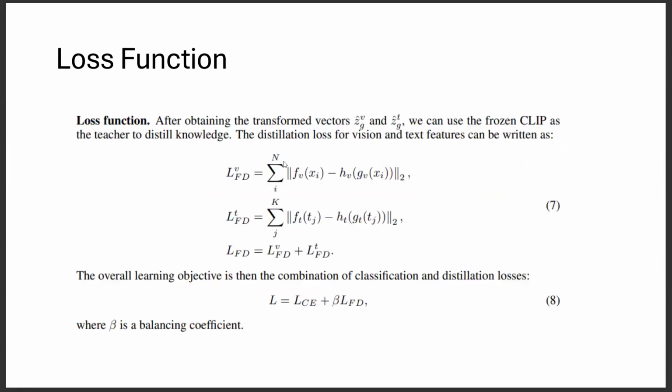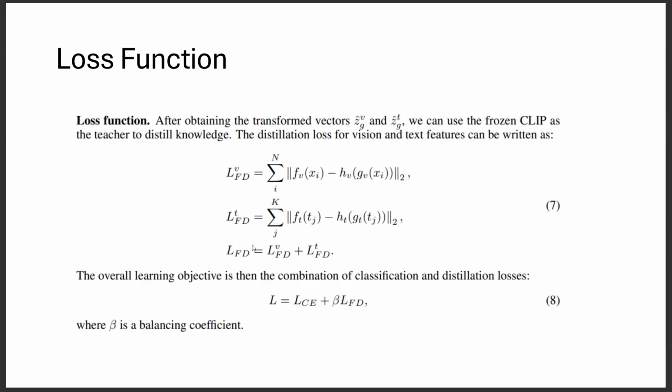So this is the overall loss function after doing everything. They use the L2 loss for the visual encoder, using the teacher model's output and the student model's output, and also for the text encoder's output from teacher and student.